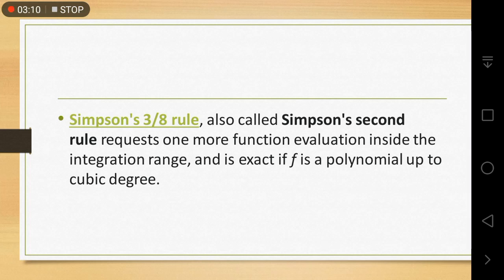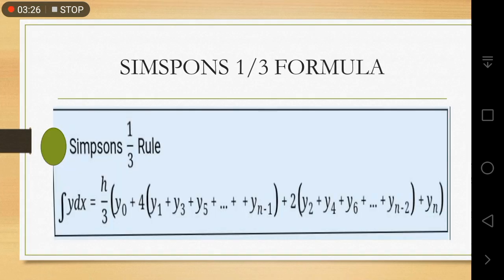Simpson's 3/8 rule, also called Simpson's second rule, requires one more function evaluation inside the integration range, and it is exact if f is a polynomial up to cubic degree. So this is the formula of the 1/3 rule or Simpson's rule.